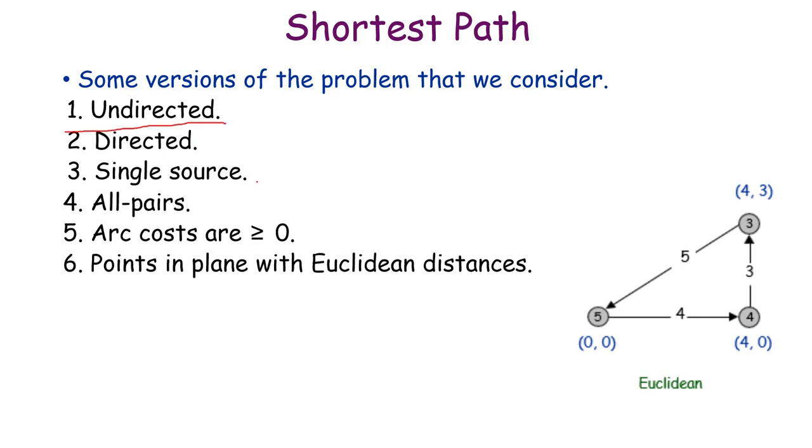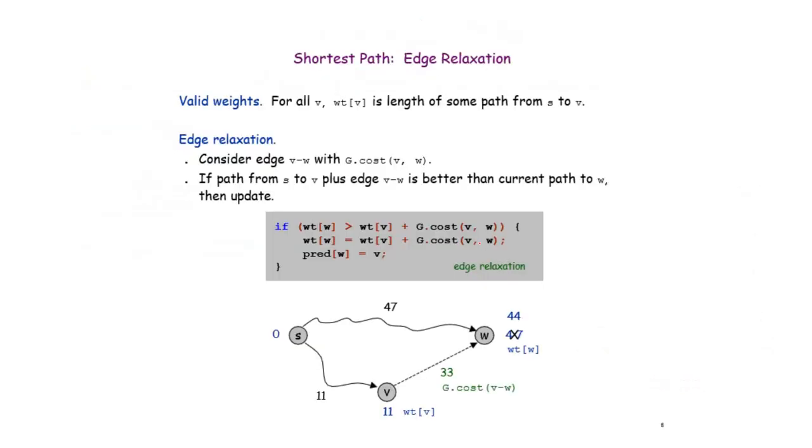In the shortest path, we have single source, then all pairs, like finding the shortest path between two vertices. All the costs are usually equal to or bigger than zero, and for points in the plane, the distance between the 2 points can be found by the Euclidean distance equation.